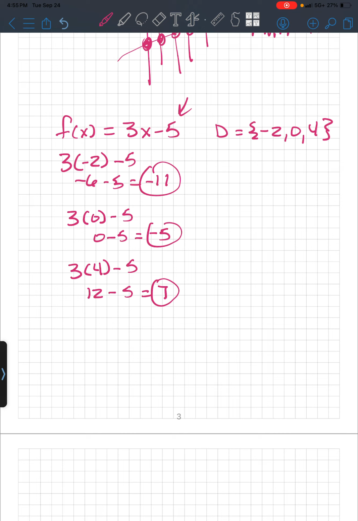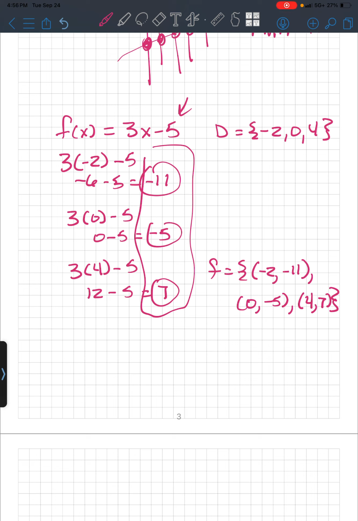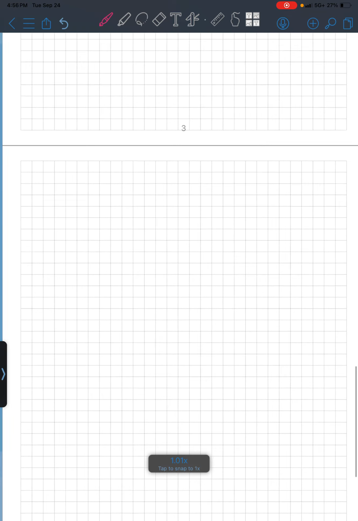So, I could answer like this and give my set. Or I could just have those as my answers. Now, that is a great way to be able to graph this.